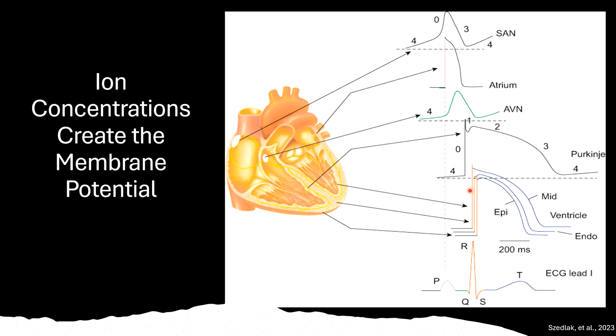At the bottom of this figure, we have an ECG, beginning with the P wave, going into the QRS complex, and ending with the T wave. Starting here, the P wave is going to align with the atrial depolarization. The QRS complex is the rapid ventricular depolarization, and these points correspond to the steep voltage changes as the wave travels through the ventricles.